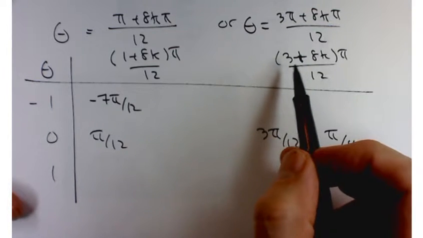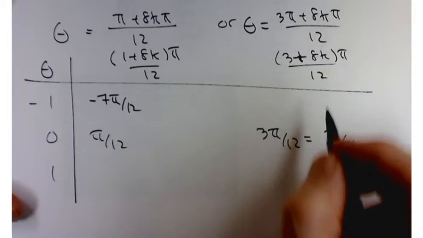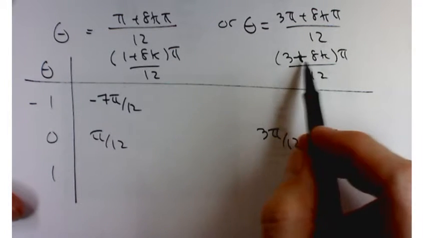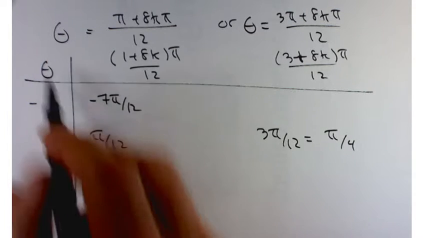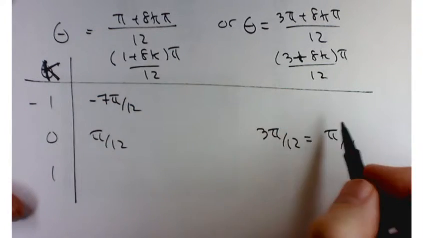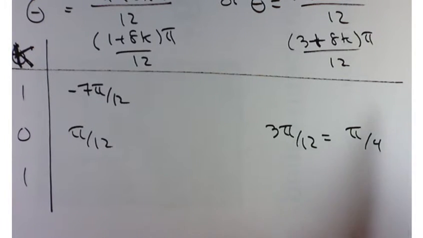And if I plug in a -1 here, what's this quotient going to be? Tiffany, if I plug in a -1 for k? Oops, I should put a k here, not a theta. Yeah, -5.